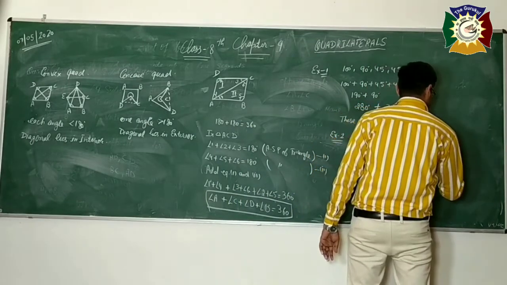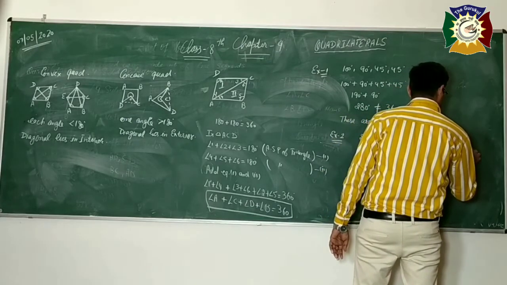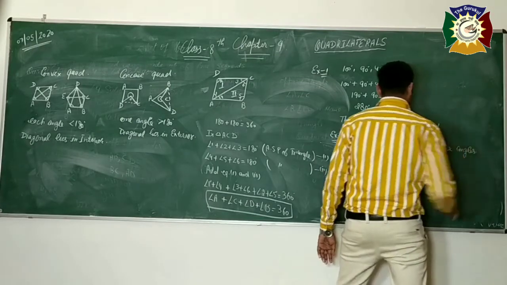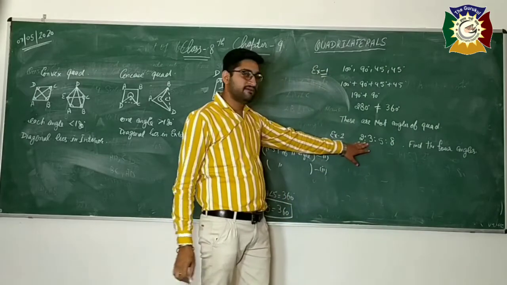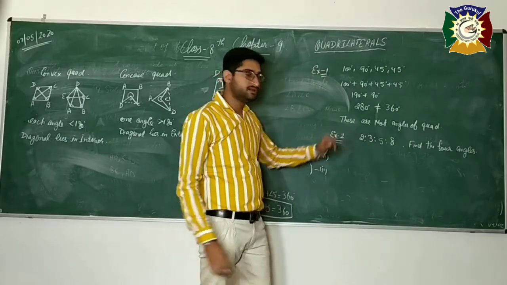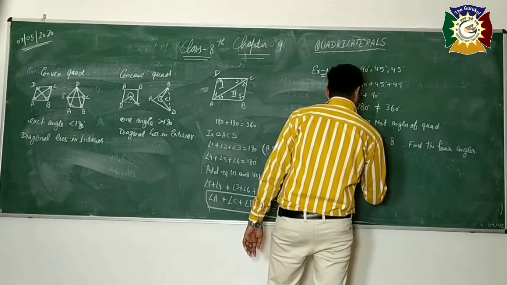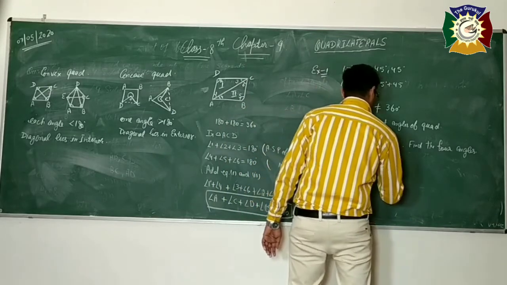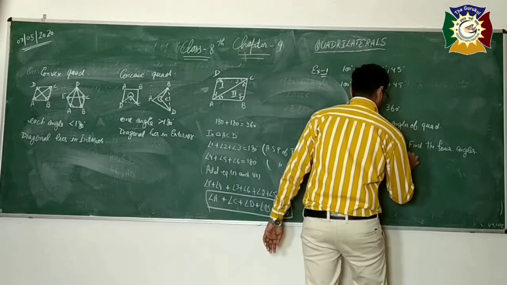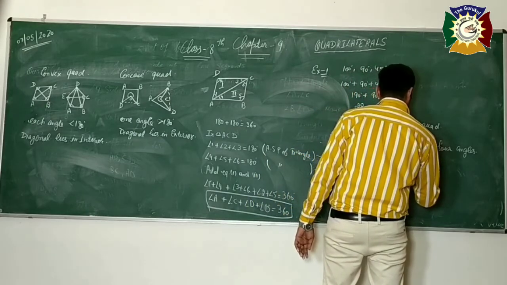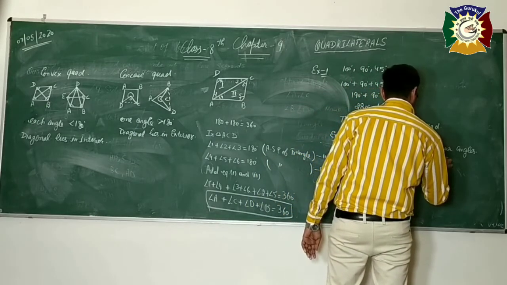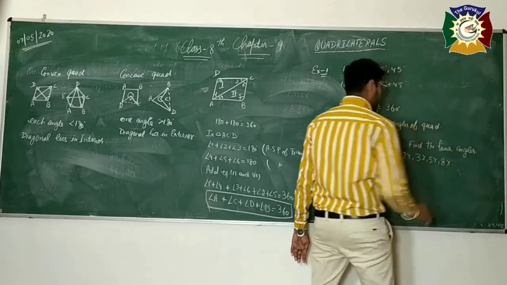Now if the values are given in a ratio, then first of all we will suppose that the angles are 2x, 3x, 5x, and 8x.